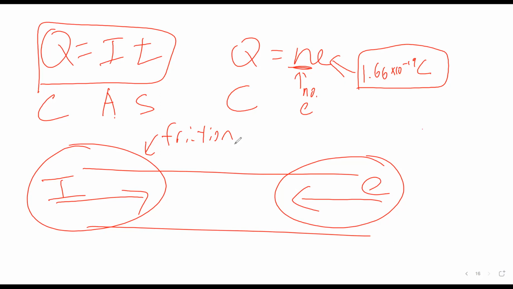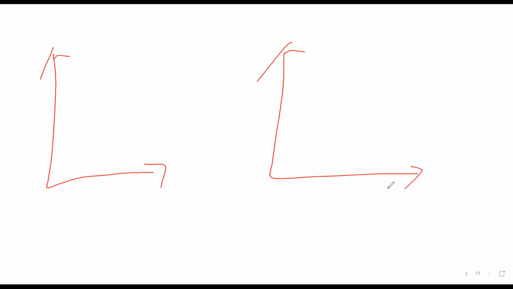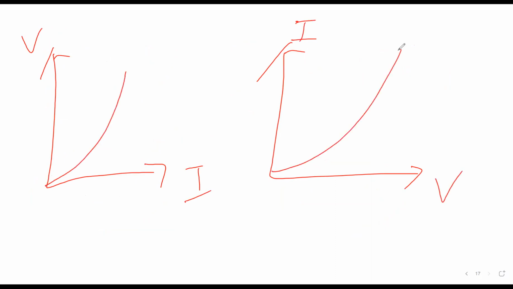Which was the graph one? Oh, okay, very good. They for sure ask this question. For sure, they'll ask one. So let's say this is V and I, and this is like I and V. Say something like this.